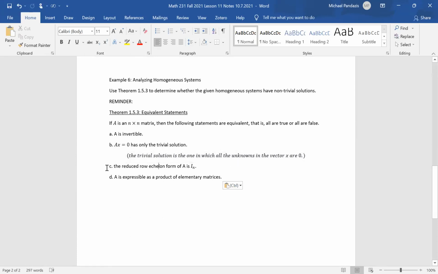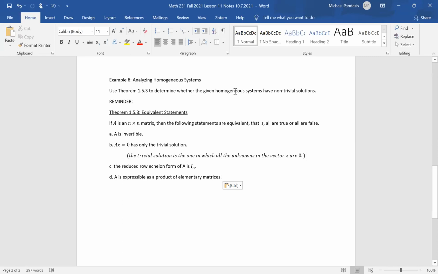C: the reduced row echelon form of A is I sub n. And D: A is expressible as a product of elementary matrices. So all 4 of these statements are true or all 4 are false, for any n by n square matrix A.